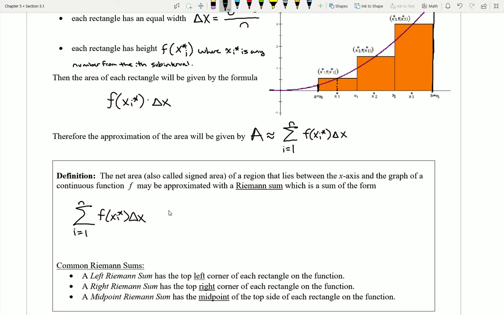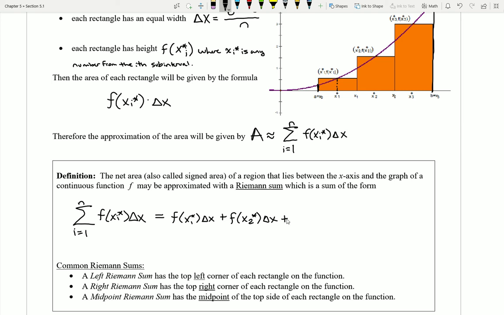Notice that this notation simply means we start by computing this formula with i being the value of 1. That would be f of x1 star times delta x, the area for this first rectangle. Then the summation symbol says to change the value to 2, so that would be f of x2 star times delta x, the area of the second rectangle.